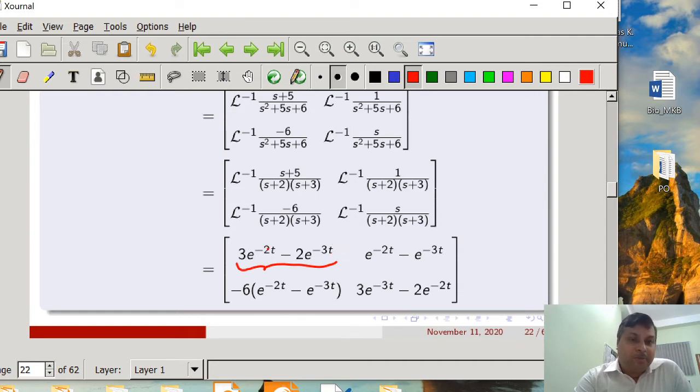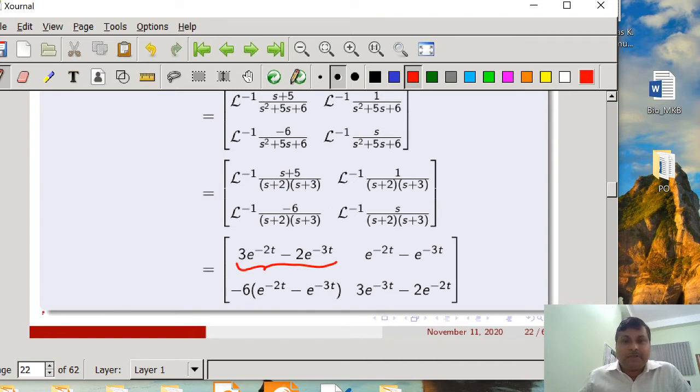So the powers of the exponentials are the eigenvalues, or poles, of the system. As I mentioned, the elements of e to the power At determine the stability of the system, the internal stability.